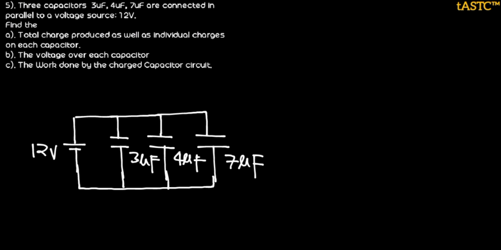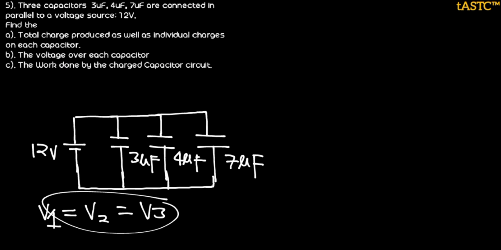So we need to understand that over a parallel connection, the voltage which is going to be dropped over each capacitor is always going to be the same. So if the voltage over the first capacitor is represented as V1, the voltage over the second capacitor as V2, and the voltage over the 7 microfarad as V3, all these are going to be the same.